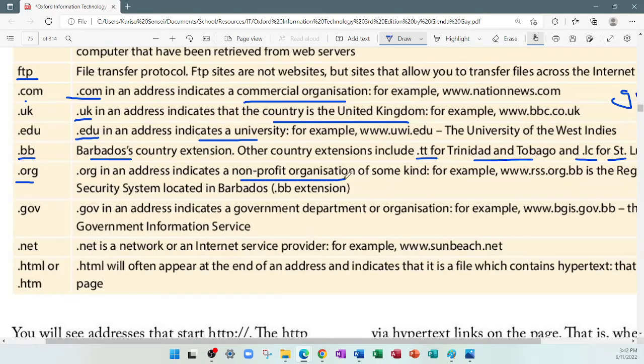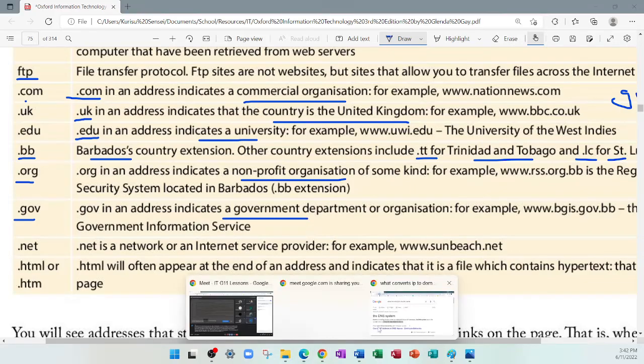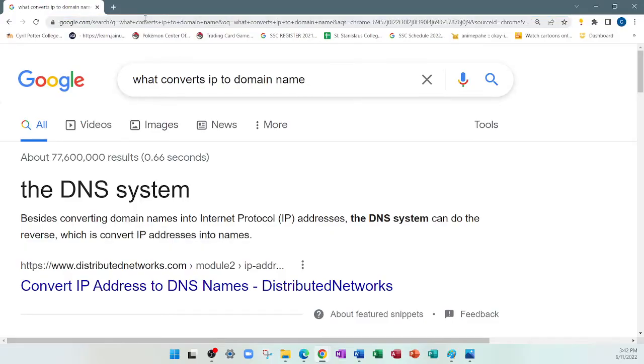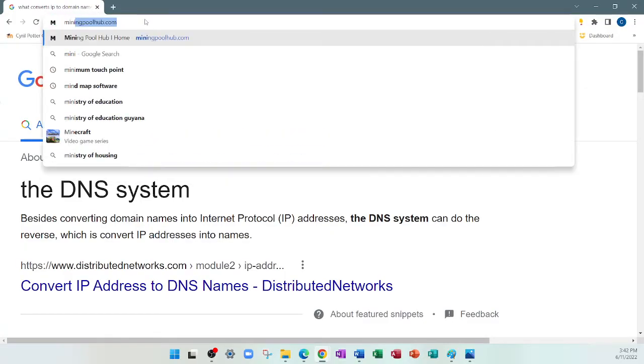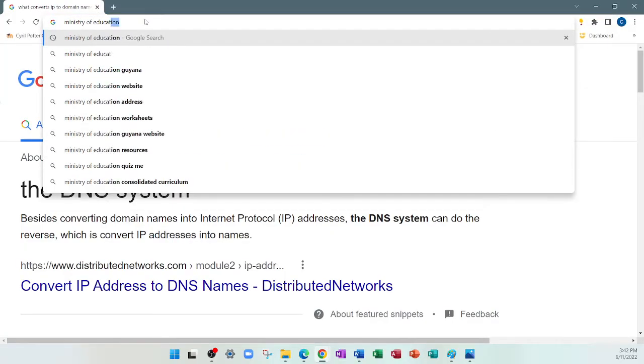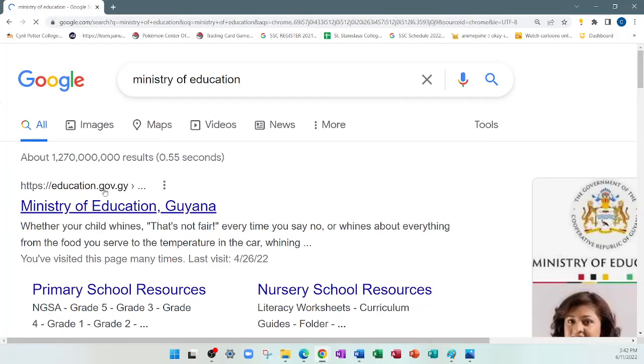.org is indicating a non-profit organization. .gov is indicating that the website belongs to a government organization. Like if you ever access the Ministry of Education's website in Guyana, notice it has a .gov.